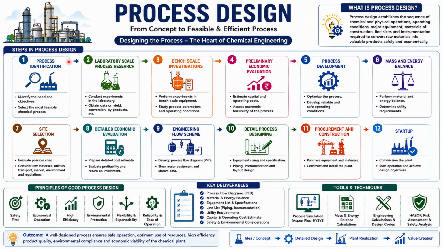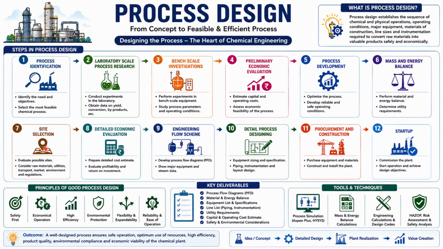Now the steps of the process design remain similar to those of the chemical engineering design, because the entire chemical engineering design depends on the process design itself. So see, we know that the process is the heart of chemical engineering. Okay, whatever the reaction is taking place, we have to design the entire plant on the basis of that.